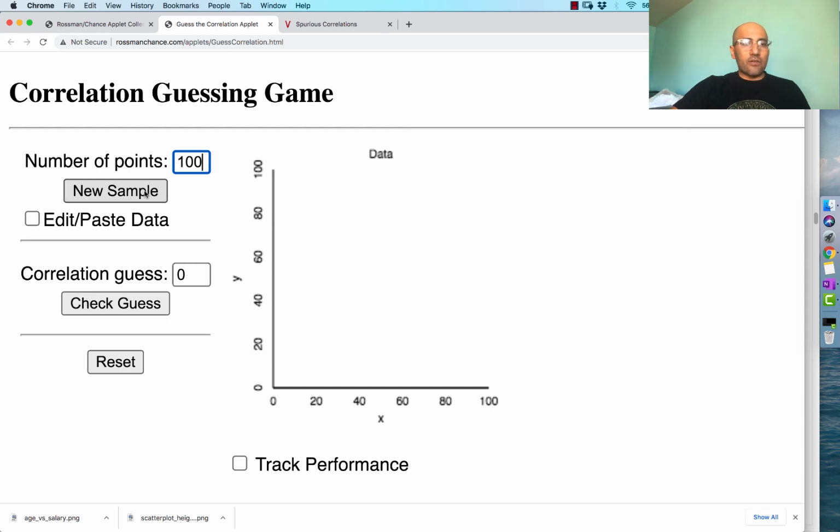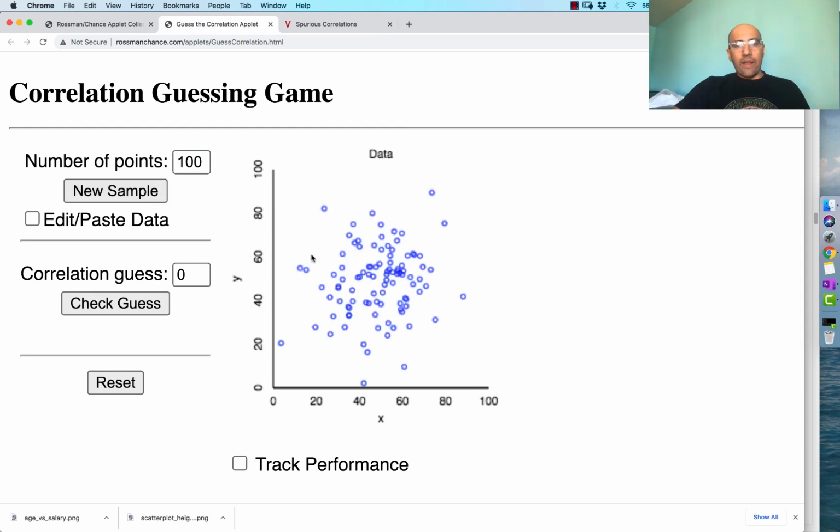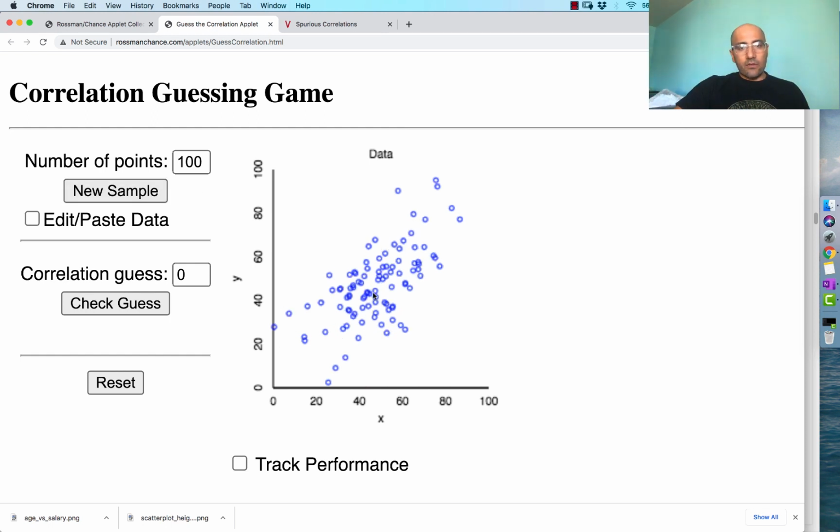This is just going to generate random samples. So here's a random scattergram. We might look at that and decide this just looks like random chaos. Maybe. Sometimes it's really hard to determine that by just looking at it, and sometimes it's a little easier. Yeah, it seems to be kind of going that way.